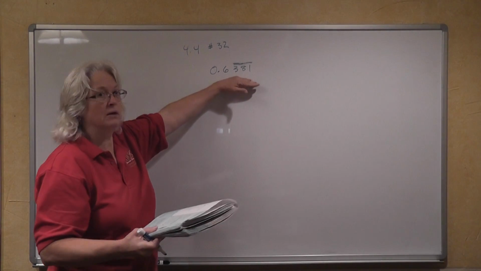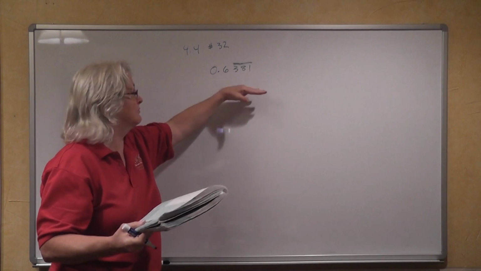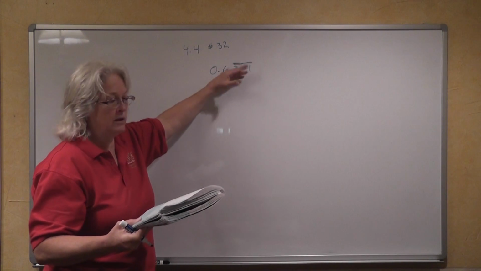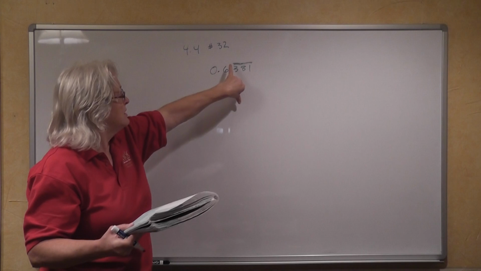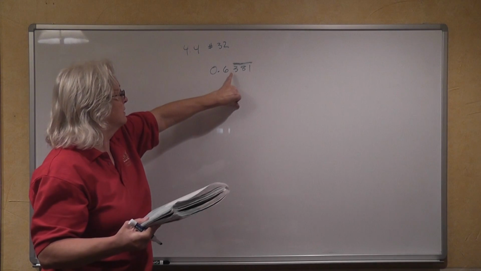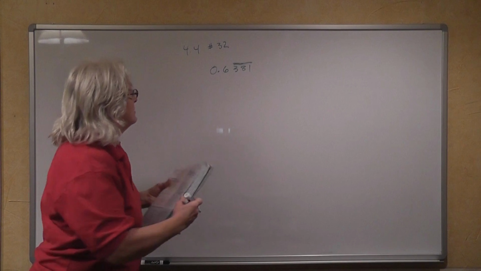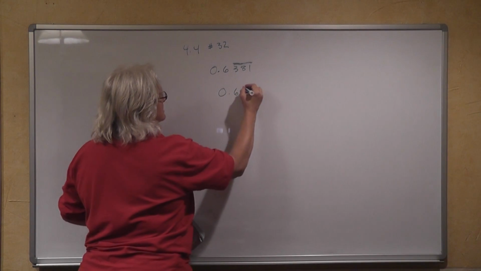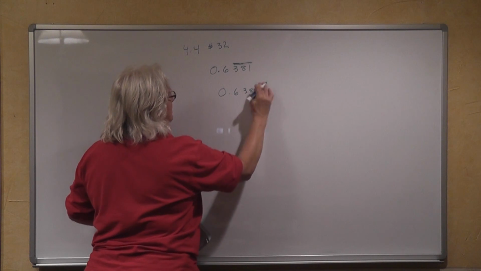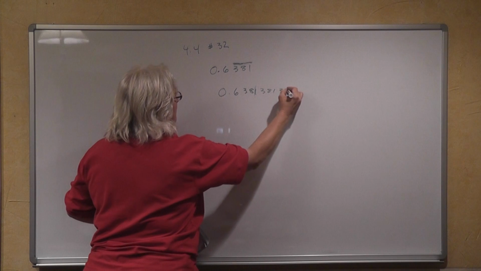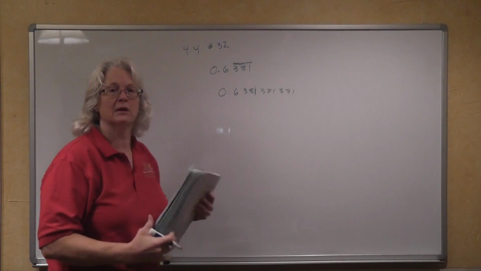But the key to this little tricky way of converting a repeating decimal into a fraction in lowest form is realizing which part of the number repeats. Because what we actually have here is 0.6381, 381, 381. The 6 itself doesn't repeat.